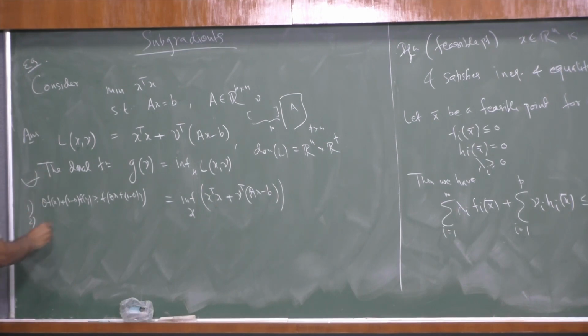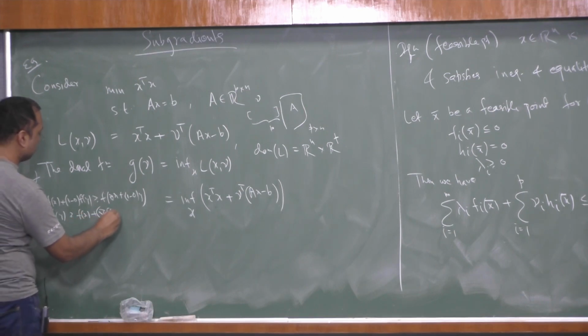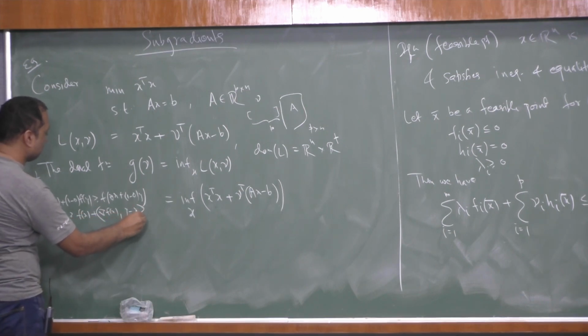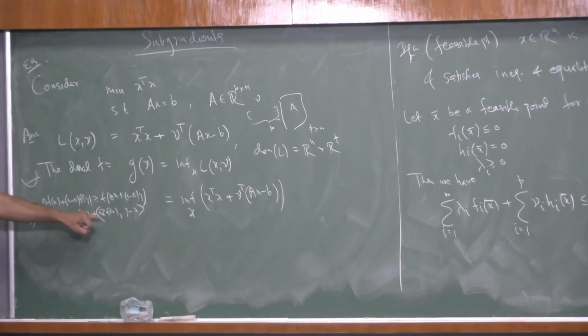Then we had the first order condition: f(y) is greater than or equal to f(x) plus grad f(x) transpose (y minus x). That's when the function is at least once differentiable. Then you can use this first order condition for convexity. And the third one was simply the Hessian, grad square f, being positive semidefinite.